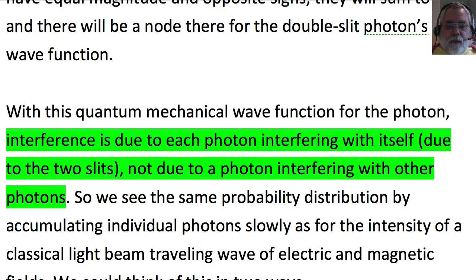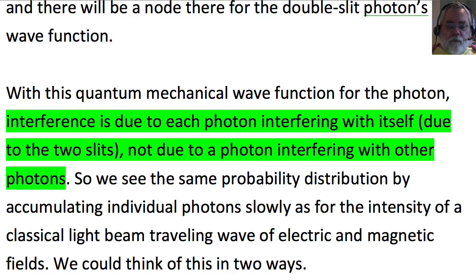With this quantum mechanical wave function for the photon, interference is due to each photon interfering with itself, due to the 2 slits, not due to a photon interfering with other photons.